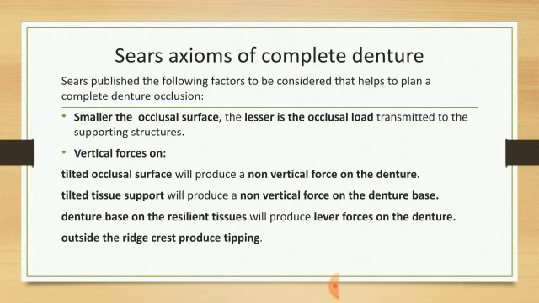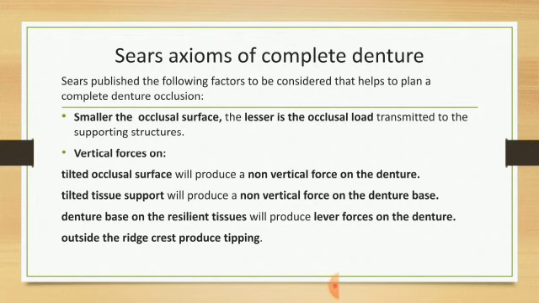Next, for proper transmission of vertical forces, we should not have any type of tilted surface. If we pass the force over any tilted area, the force would not transform into a vertical direction. It would also be an inclined or lever force. So vertical forces on a tilted occlusal surface will produce a non-vertical force on the denture, whereas vertical forces on tilted tissue support will produce a non-vertical force on the denture base.